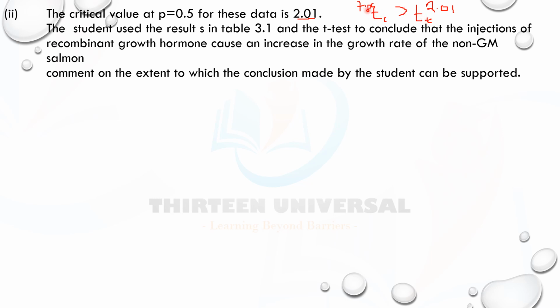That's 7.06 greater than 2.01. And anytime this happens, you simply reject the null hypothesis, right? That means there is a significant difference between the two groups. Okay, so null hypothesis is rejected.